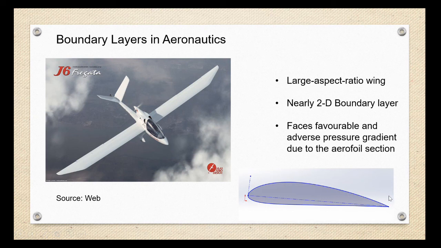This is what results in the lift that the aircraft experiences, which balances the weight force of the aircraft. The so-called favorable and adverse pressure gradient, that is the accelerating and decelerating effect the pressure gradient has, is felt by the boundary layer, and that's an important effect to take into account.